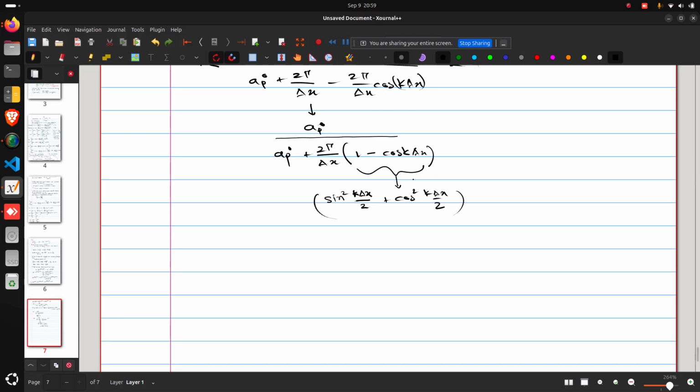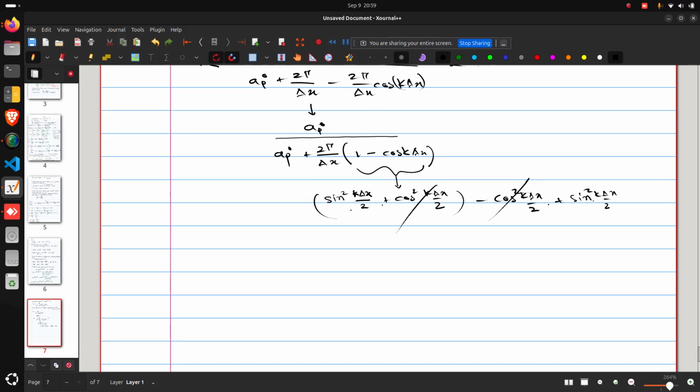I am just expanding this 1, and cos k delta x we can assume to be of the form cos 2 times k delta x by 2. So we will expand it using the trigonometric relation of cos 2 theta. It will be nothing but cos k delta x by 2 plus sine k delta x by 2, squared. Now we'll just cancel these two things.